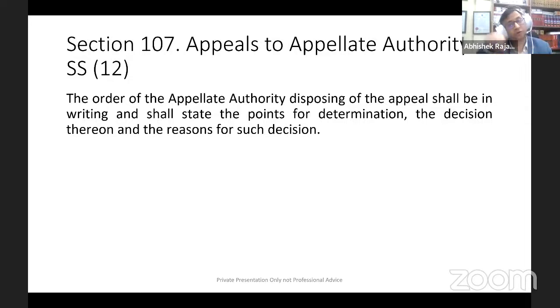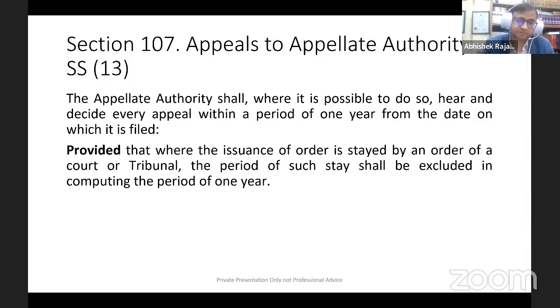Then you have to conclude with your own views. And once you conclude, then you have to quantify that amount, if it's a 73, 74 order, or if it is a refund rejection order. But if it is an appellate order for restoration of GST registration, then there might not be any computation or amount to be quantified. So this has to be done.